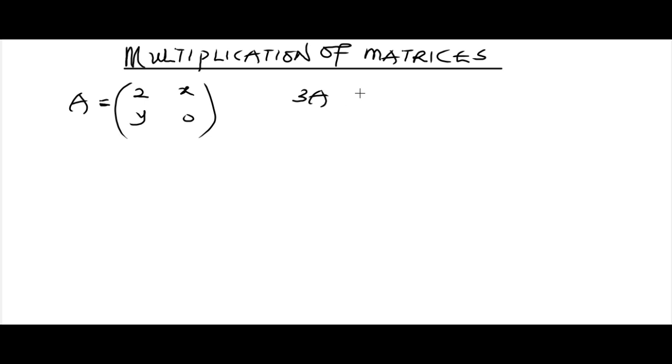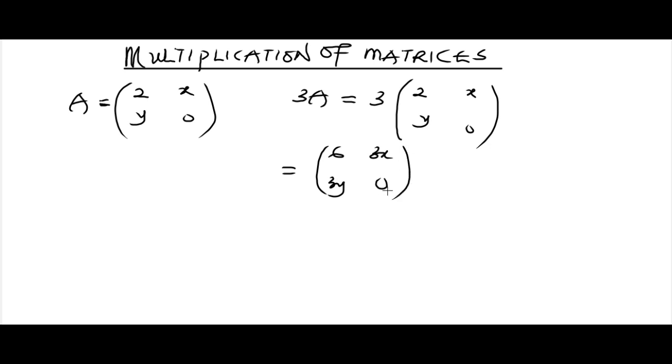To evaluate this, 3A is going to be 3 into matrix A, and you will simply use 3 to multiply all the elements in that matrix. So 3 multiplied by 2 is 6, 3 multiplied by x is 3x, 3 multiplied by y is 3y, and 3 multiplied by 0 is 0. So this is how to find the scalar multiplication of matrix A.